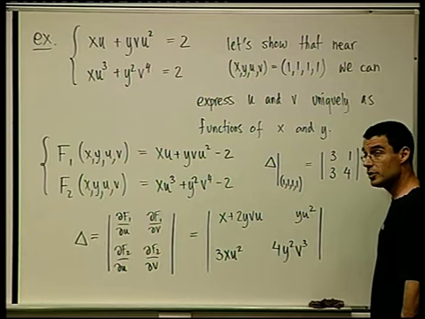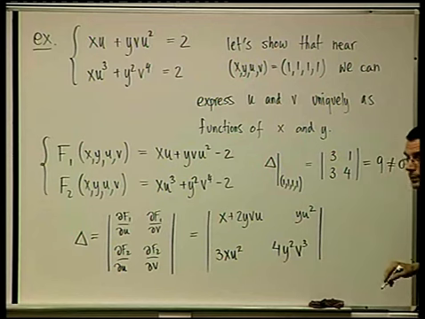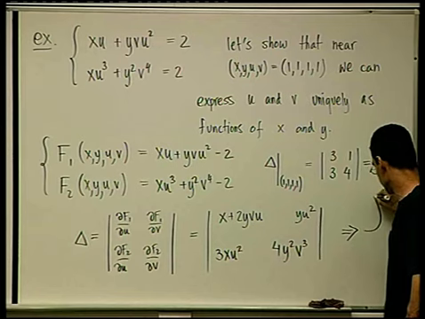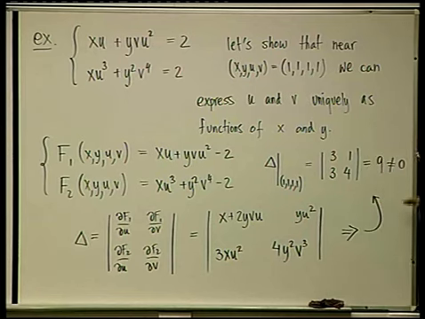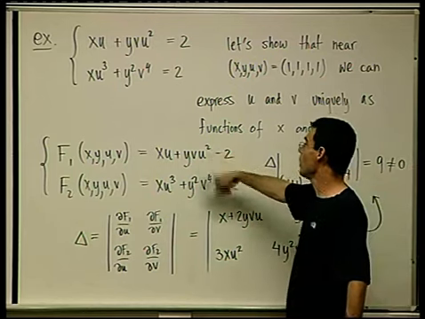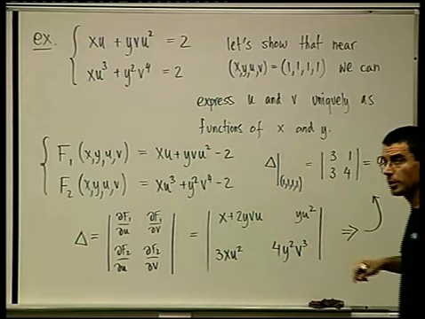And 9 has this wonderful property that it's not 0. Clear? Everybody good? Okay. So at this point, what we know is that the conditions of the theorem hold. Well, we have to check that these are C1 functions, and they are. So the conditions of the theorem hold.